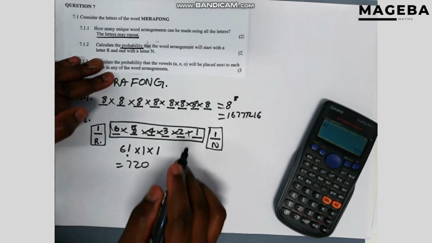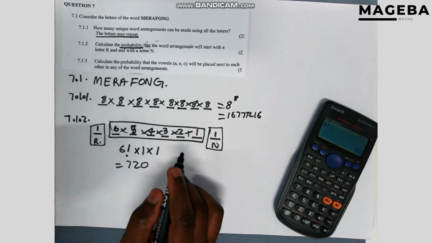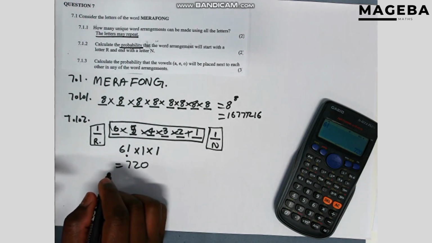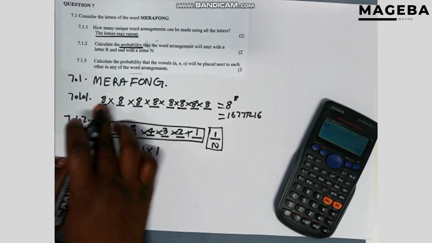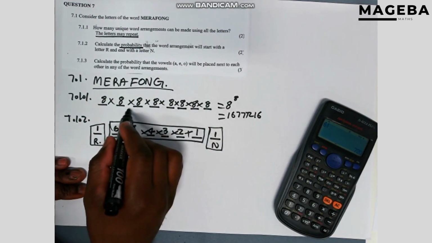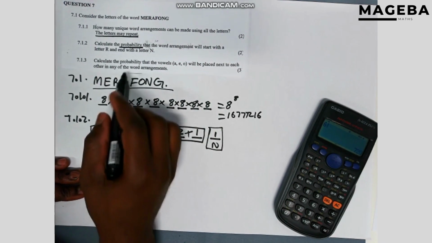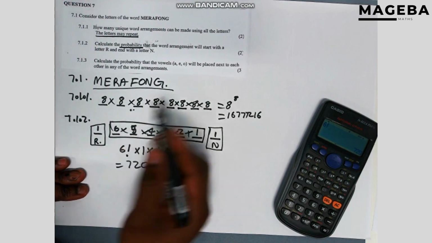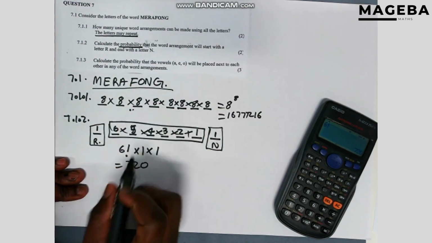But remember, I'm looking for the probability, so I haven't answered the question yet. I need to find the total arrangement of these letters. Earlier I found one where the letters may be repeated, but I can't use it here when finding the probability. I need to use the case where the letters are not repeated.